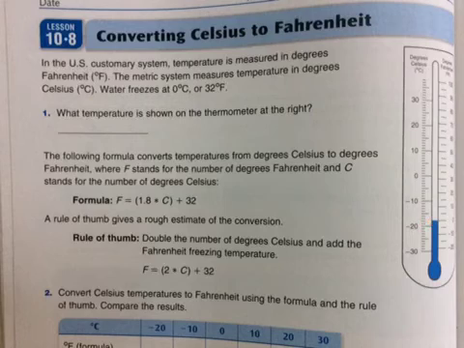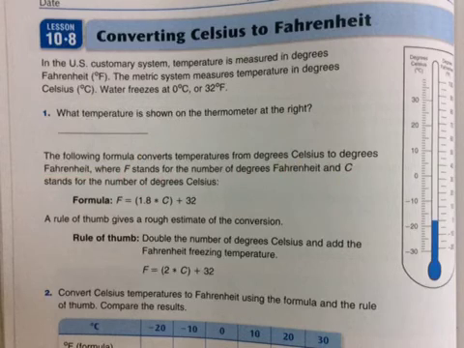And negative 18 Celsius is 0 Fahrenheit, both extremely cold temperatures. It is the same temperature, just using different measurement tools.